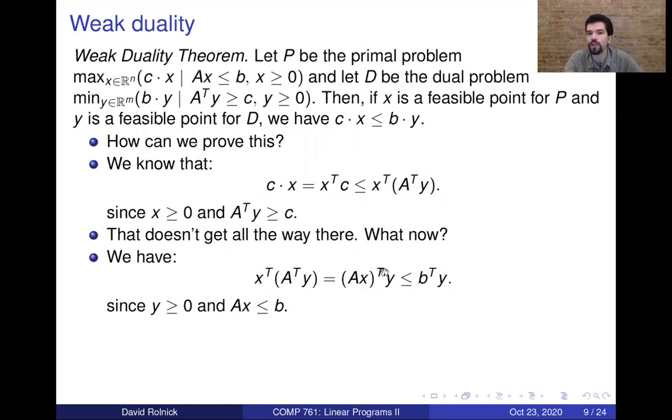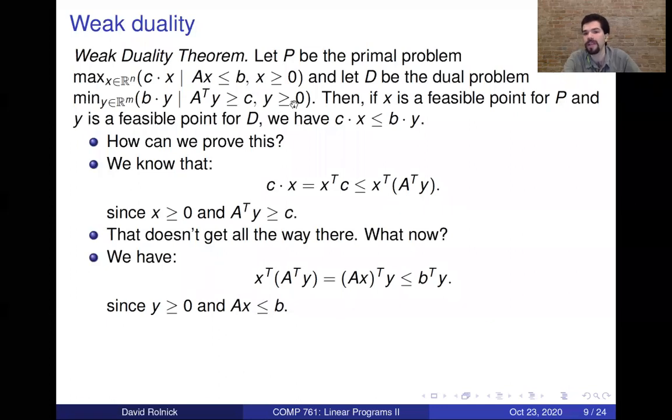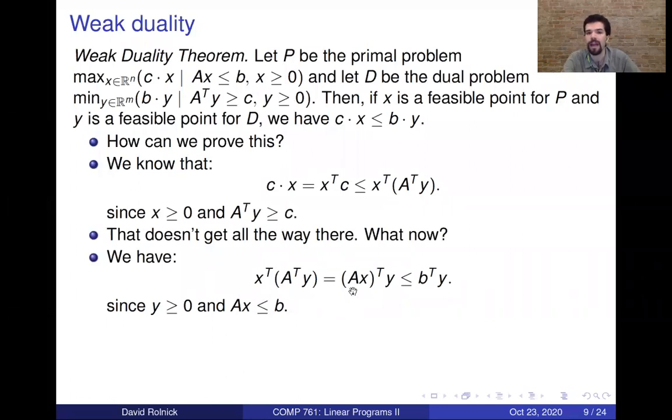Now, Ax transpose is another vector, so Ax transpose times y is again a dot product of vectors, but we can say it's less than or equal to b transpose y. Why is that? Well, for the same reason as here: y is a non-negative vector, and Ax is less than or equal to b. So the dot products work out, and we have a less than or equal to.